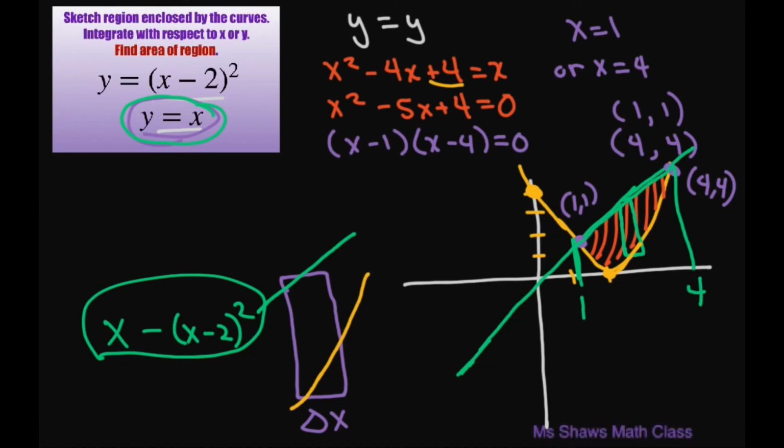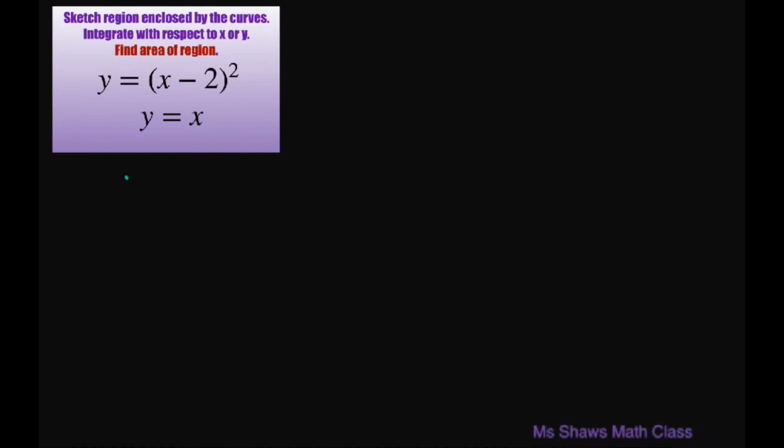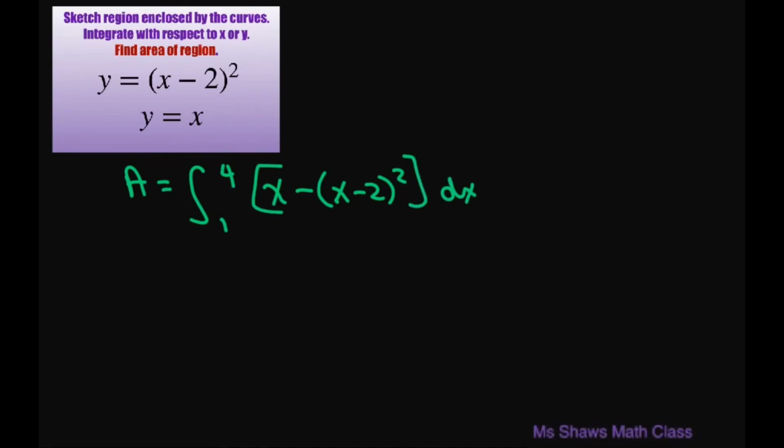So let's do that. We're going to have our area equals the integral from 1 to 4 of x minus (x minus 2) squared dx. Let's simplify this as the integral from 1 to 4, negative x squared plus 5x minus 4 dx.